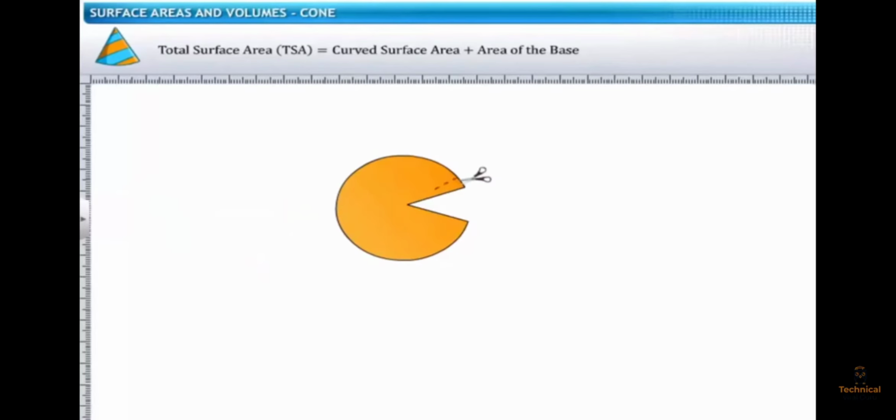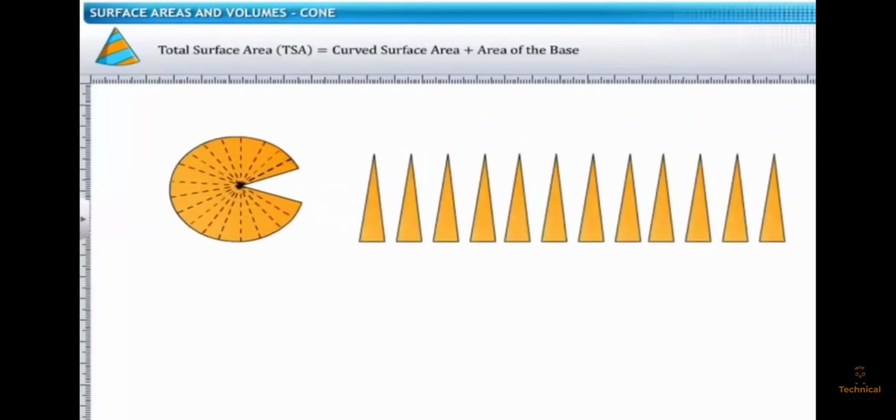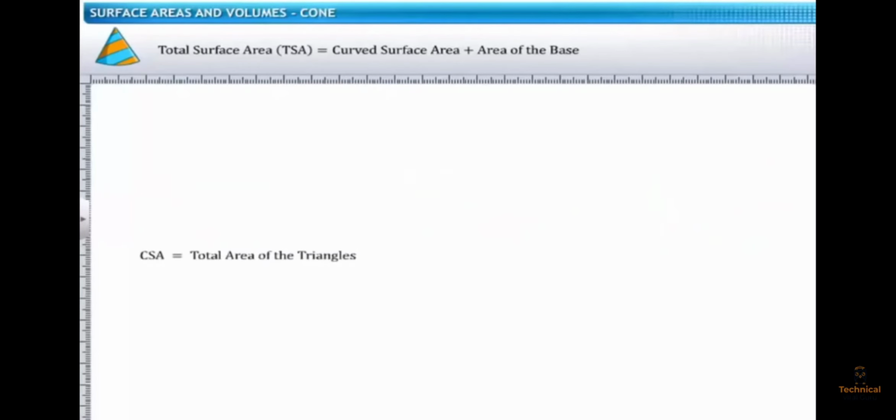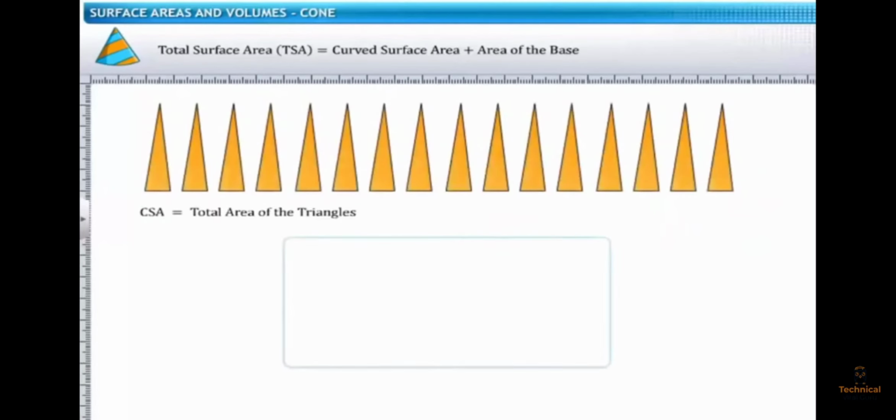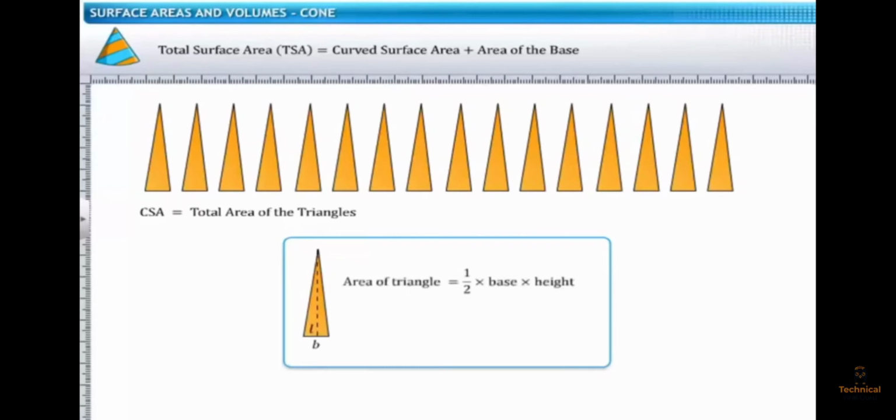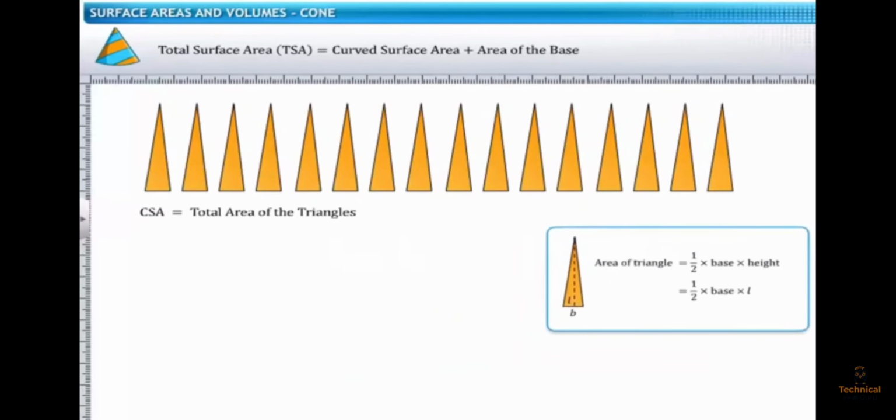Now, let's divide this piece into as many triangles as possible. The CSA of the cone will be equal to the total area, or the sum of the areas, of these triangles. The area of each triangle is calculated as half base into height, wherein the height is the same as the slant height L of the cone. Let the bases of these triangles be b1, b2, b3, and so on.